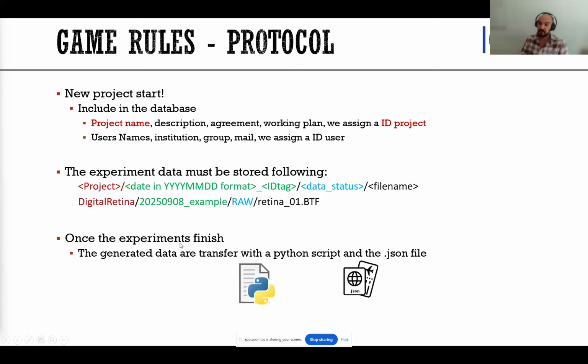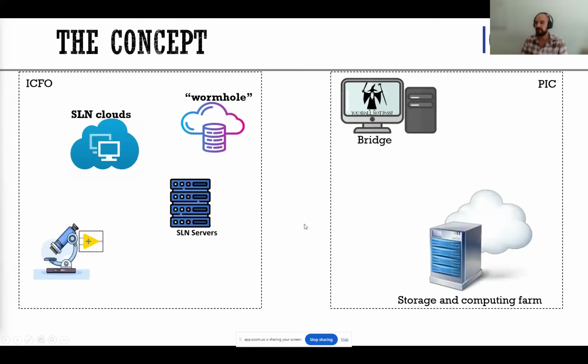In the end, once all the experiments are finished, we use a Python script and the JSON file that we created to transfer the data to the PEAK. How we do that in our microscope is quite easy because we are programming it, so we can generate a file, but it's more or less the same for commercial microscopes.